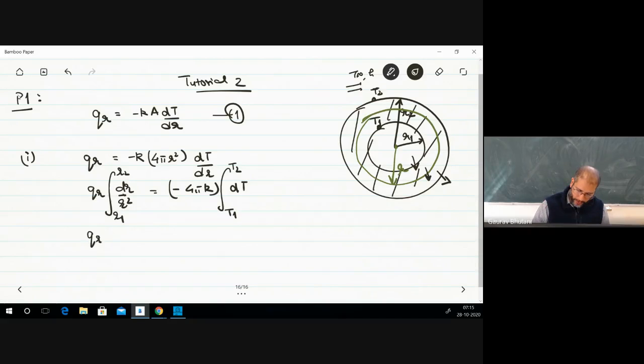So this becomes Qr, and then we have r to the minus 2 being integrated. So that's minus 2 times 1 by r from r1 to r2.